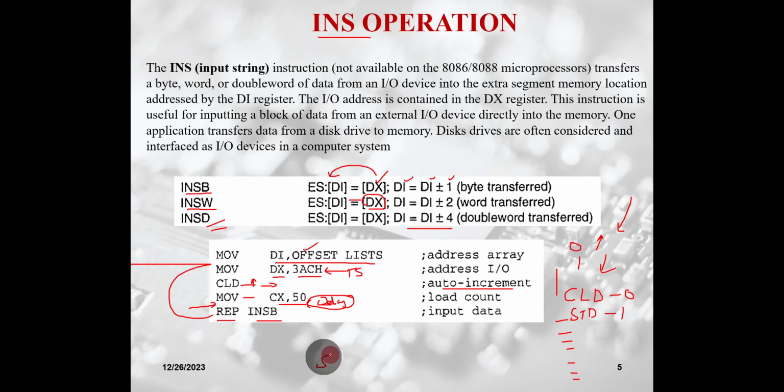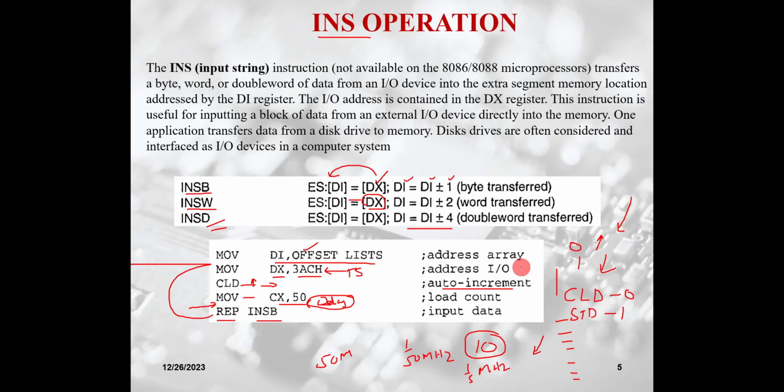If it is, suppose, 50 megahertz, then 1 by 50 megahertz is the time taken for one clock, and suppose the entire instruction takes 10 cycles. I'm just giving an example. So the time computed would be 10 divided by 50 megahertz, which comes out to be 1 by 5 megahertz, so a few microseconds or a few nanoseconds.